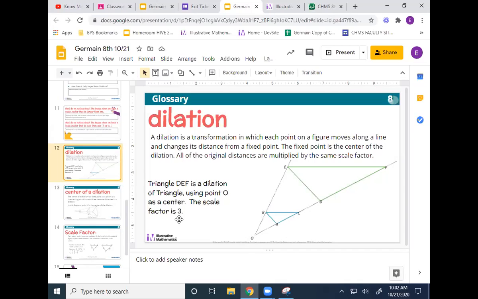And how can we prove that the scale factor was in fact 3? What can you say when you look at it that proves that the scale factor could in fact be 3? What happened to it? Sam B, what do you think?